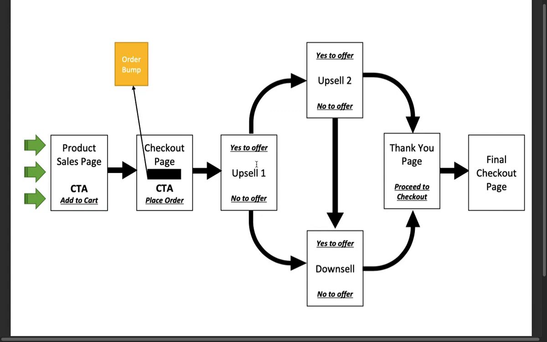If we accept the upsell, it should take us to upsell 2 automatically. If we decline upsell 1, it should take us to the thank you page. If we accept upsell 2, it should take us to the thank you page. If we decline, it should still take us to the thank you page, because we did not set up any downsell.